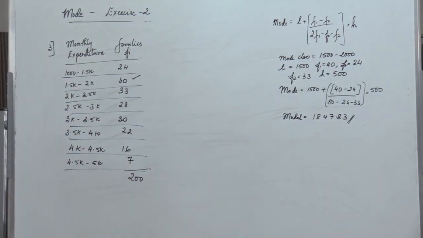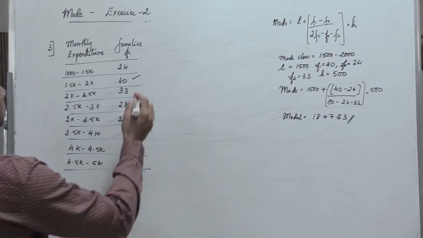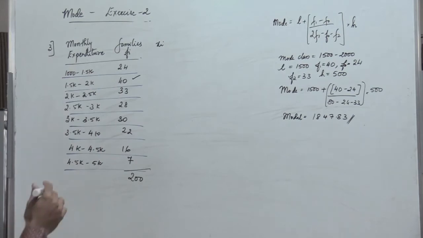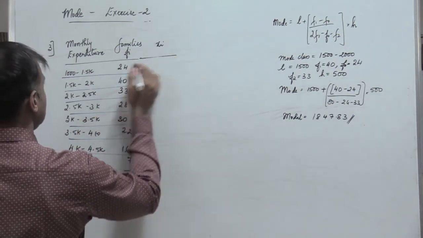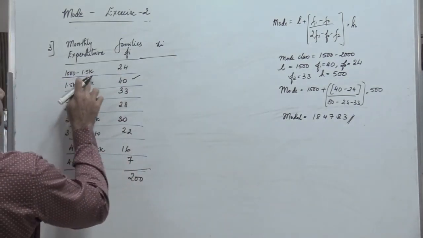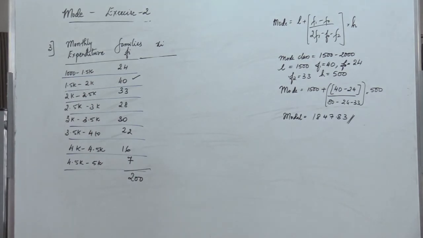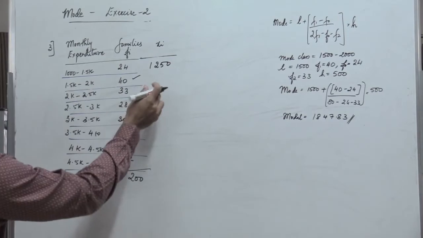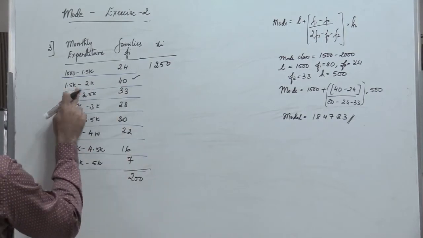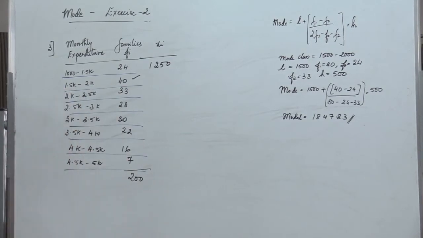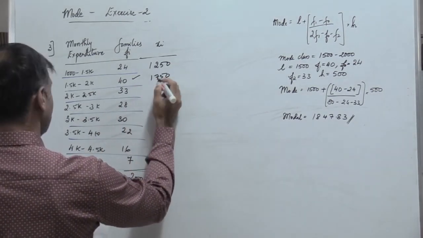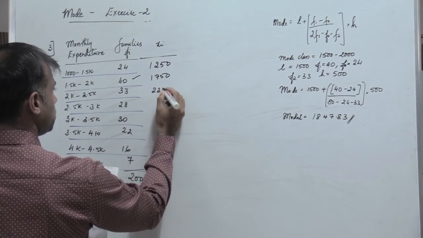We also need to find the mean. To find the mean, we calculate the midpoint of the interval, xi. The midpoint of the first class interval is 1000 plus 1500 divided by 2, so we get 1250. For the next, 1500 plus 2000 divided by 2, we get 1750, and then 2250.